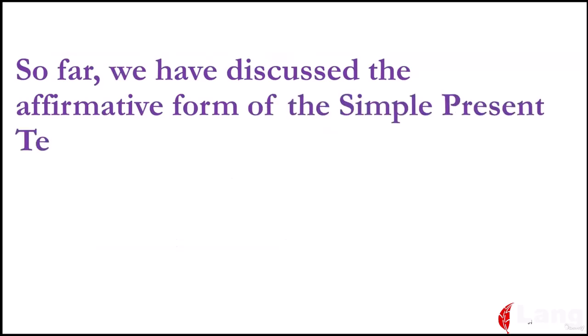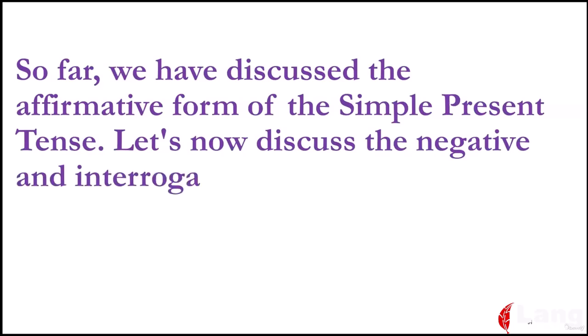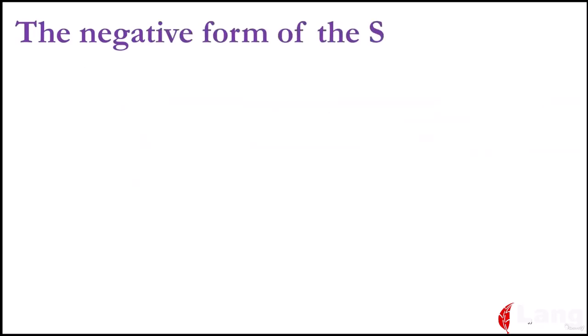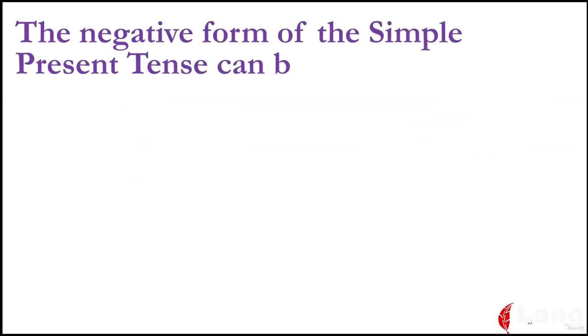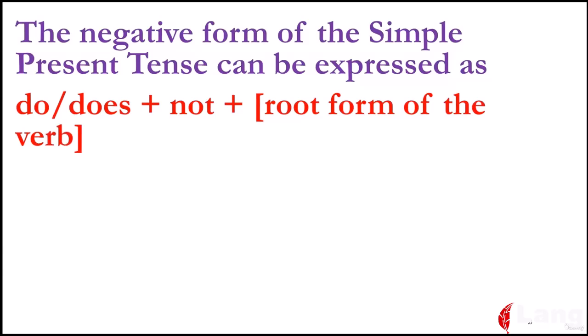So far, we have discussed the affirmative form of the simple present tense. Let's now discuss the negative and interrogative forms. The negative form of the simple present tense can be expressed as do or does plus not plus root form of the verb.